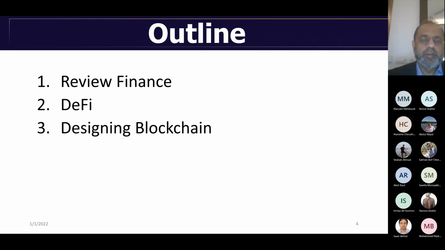So we'll keep learning about finance, and then we'll see how the entire finance is replicated in decentralized finance. Whatever you learn about finance, almost the same thing is replicated in decentralized finance. And if we find time, I'll do another design problem in designing applications or mapping applications on blockchain.